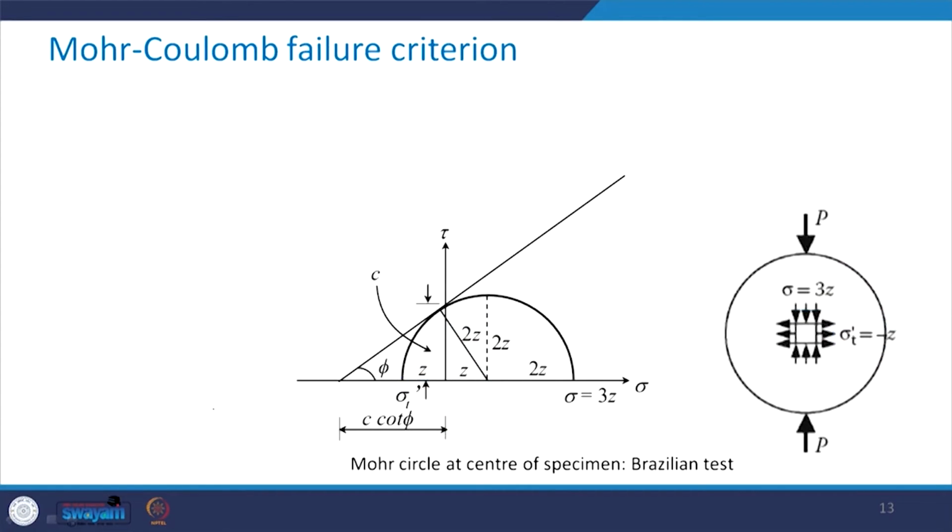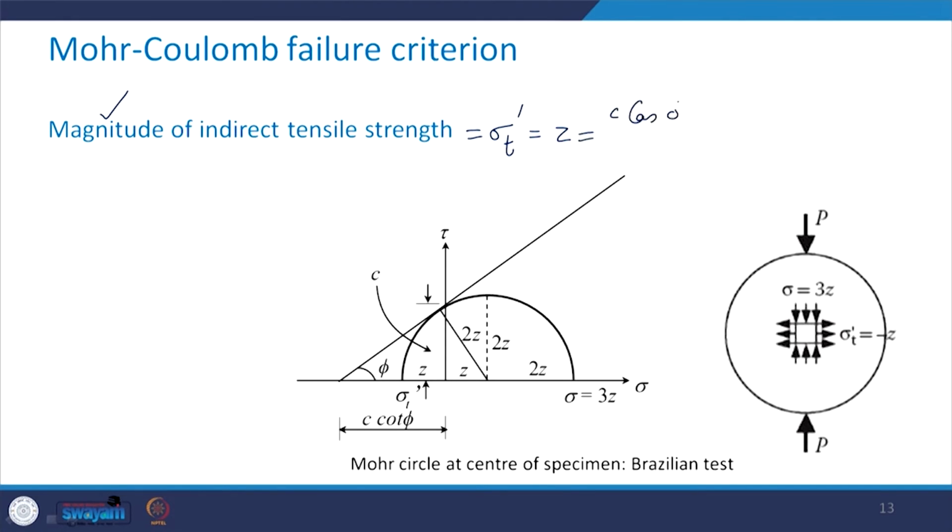Now what will happen to the magnitude of the indirect tensile strength? This is going to be sigma t prime, which is equal to Z. I am talking only in terms of the magnitude, therefore I am not putting a negative sign here. What we just derived is C cos phi divided by 2 minus sine phi.